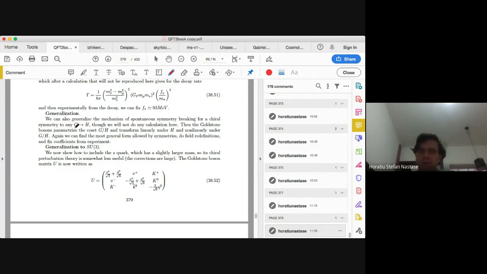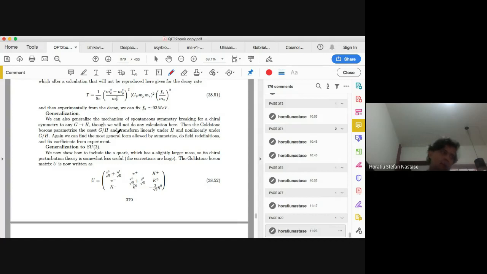So spontaneous symmetry breaking from a group G to a subgroup H. And then the Goldstone boson parameterizes the coset G over H, the remaining group when we take out H from G. The Goldstone bosons will transform linearly under H, and non-linearly under the remaining group, which is another way of saying we have spontaneous symmetry breaking.